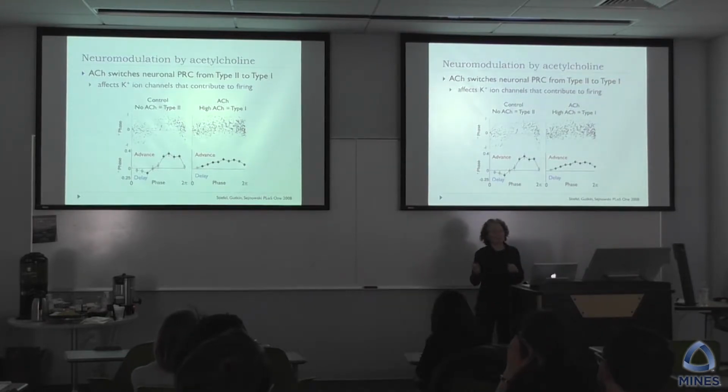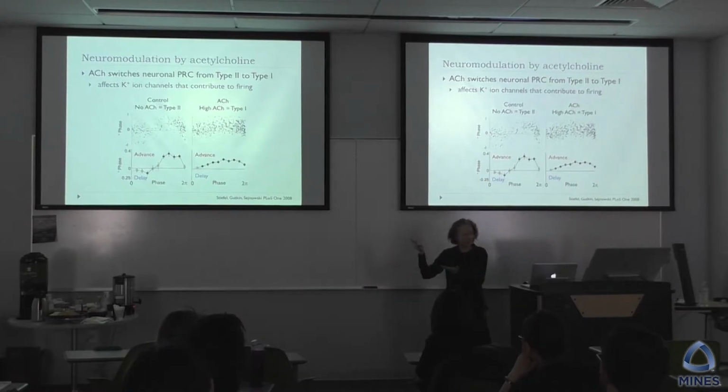All right, but so we can see this difference in the phase response curves with acetylcholine, but why should we care? Why does it matter? Well, actually, what phase response curves can predict is how the timing of firing of a neuron is going to respond to the input it gets.